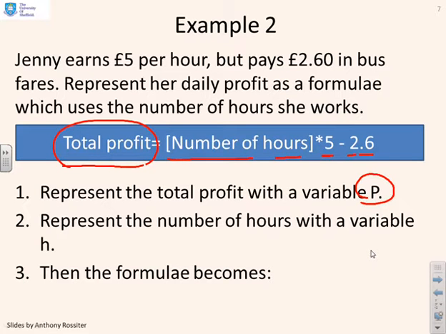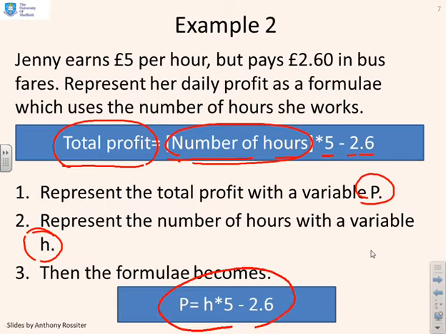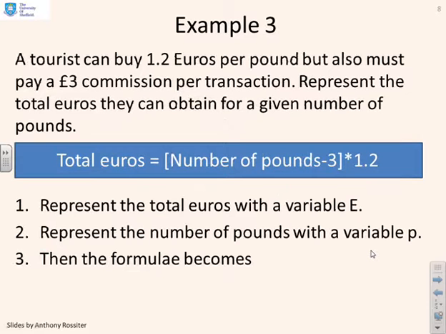So instead of writing total profit, I'm just going to write p. We can represent the number of hours by a single variable, and now I'm just going to represent those by a variable h. Now if I make those two substitutions, the formula above reduces to this. p equals h times 5 minus 2.6. And again you'll see it's a lot more compact and therefore a lot easier to work with.